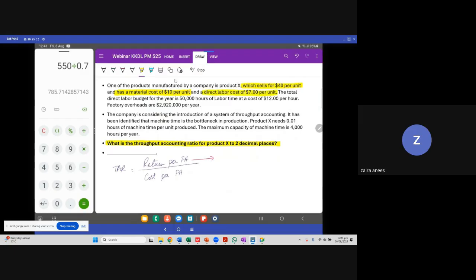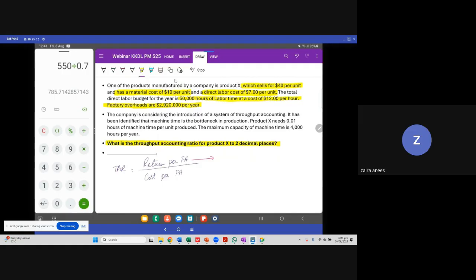If the question asks you to do the same thing by using marginal costing, then we deduct 7. The total direct labor budget for the year is 50,000 labor hours at a cost of 12 per hour. Factory overhead is 2920 per year, right?